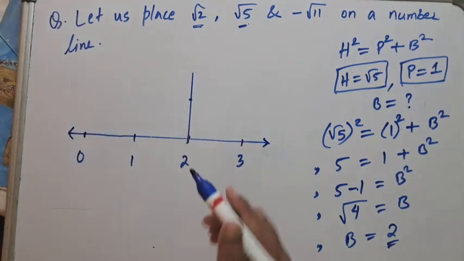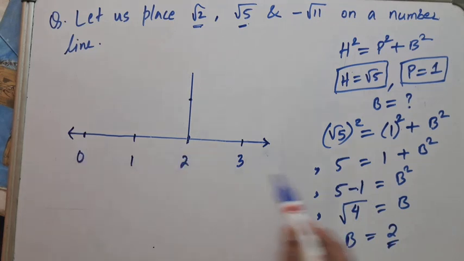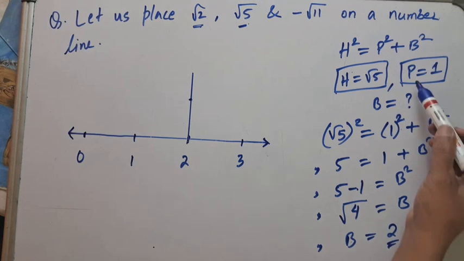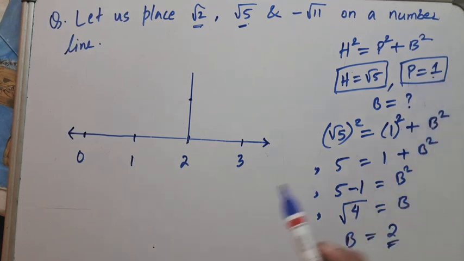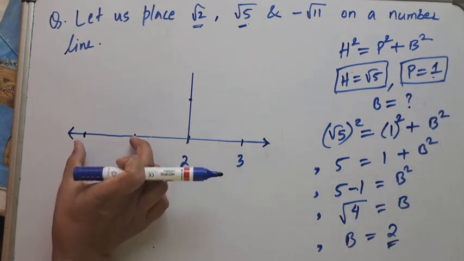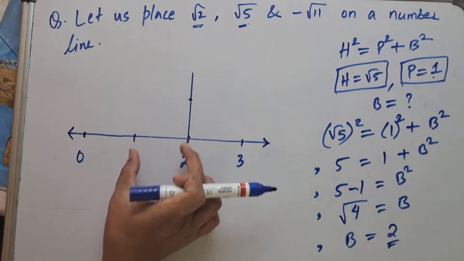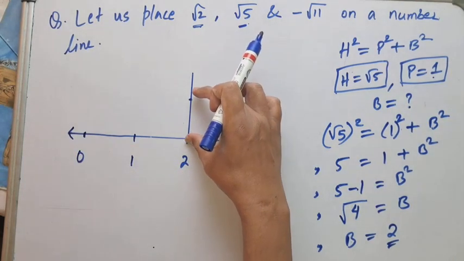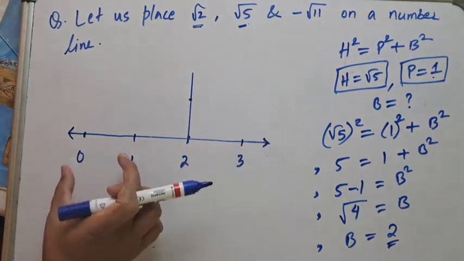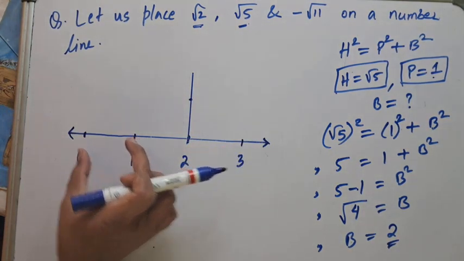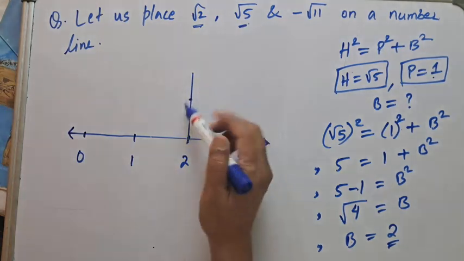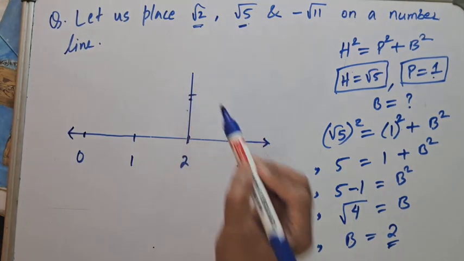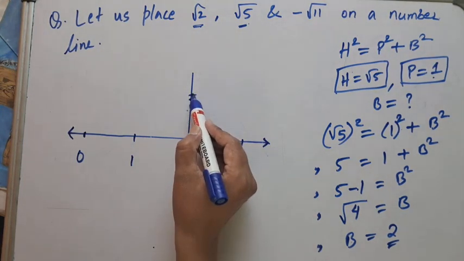Base is 2 units, but perpendicular is 1 unit. So we take 0 to 1 or 1 to 2, the same length, and mark it here. From this point to this point is 1 unit.